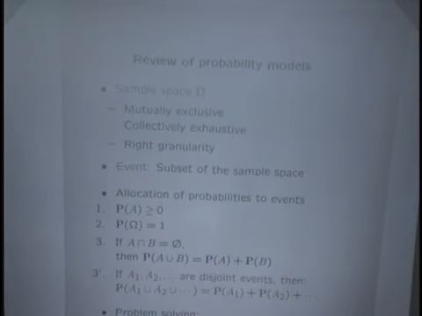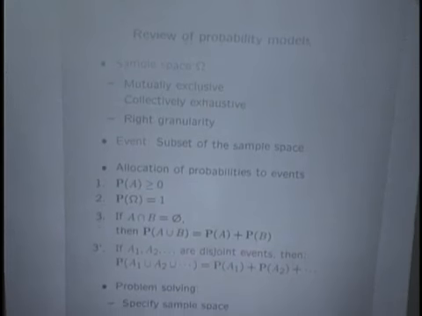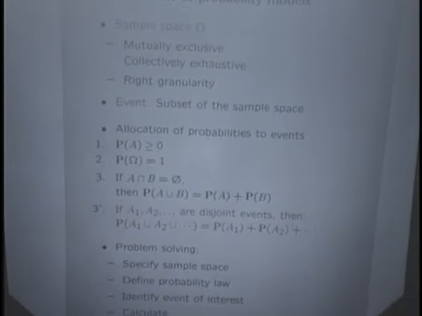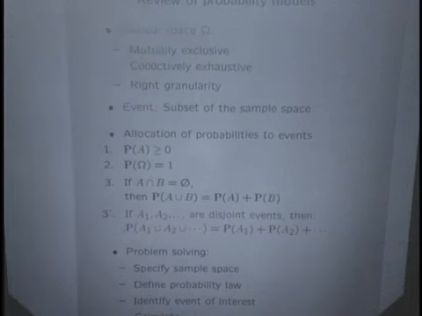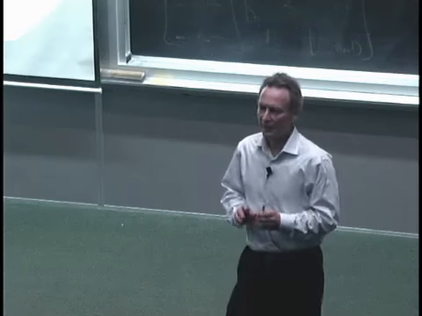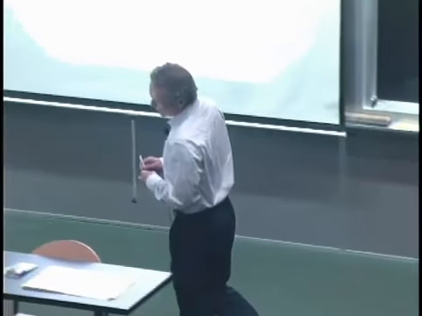They're mutually exclusive. Either one happens or the other happens, but not both. And they're collectively exhaustive. That is, no matter what, the outcome of the experiment is going to be an element of the sample space. And then we discussed last time that there's also an element of an art in how to choose your sample space, depending on how much detail you want to capture. This is usually the easy part.